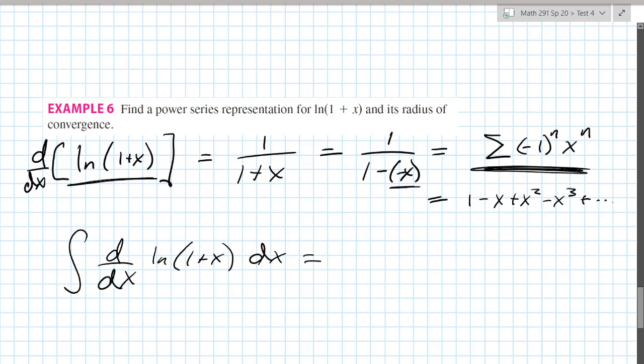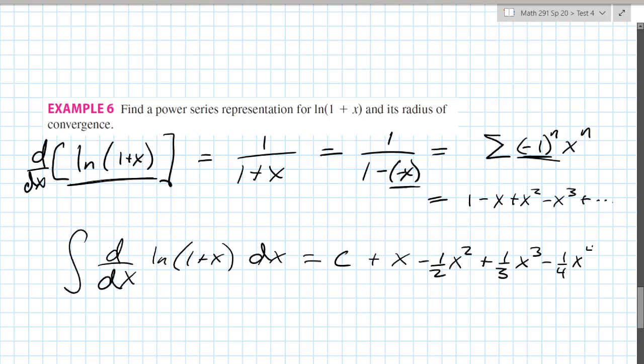So integrating this term by term, I'm going to write the arbitrary constant at the beginning instead of at the end so that I don't lose it in all of this. So the integral of 1 is x. The integral of negative x is negative 1/2 x squared. Then positive 1/3 x cubed, negative 1/4 x to the 4th, and so on.